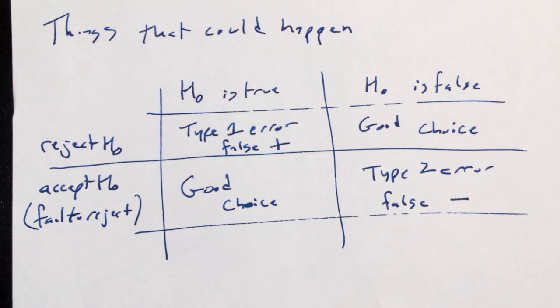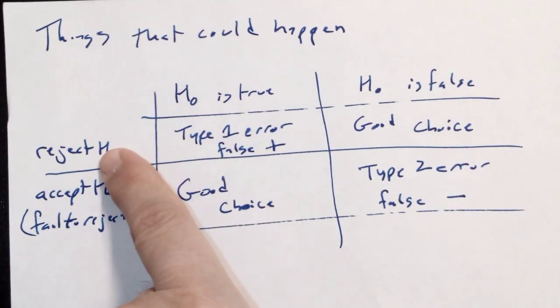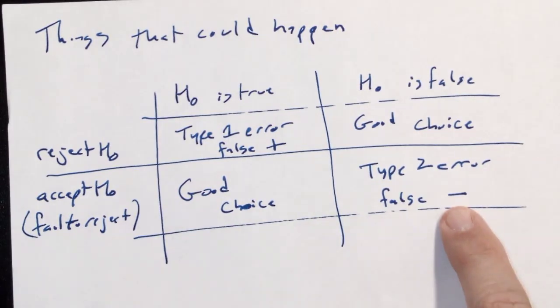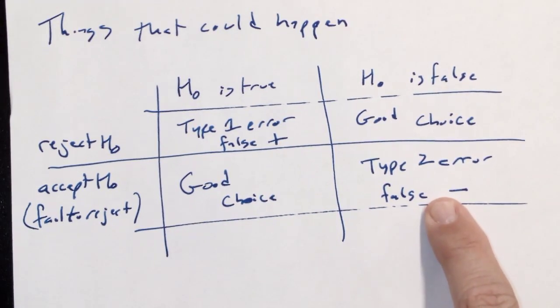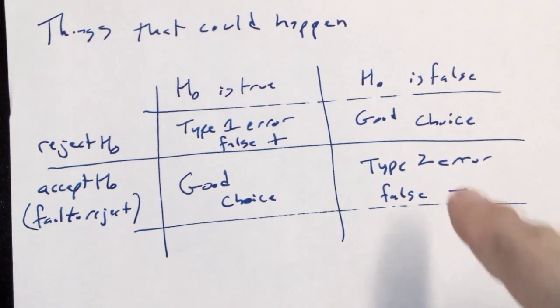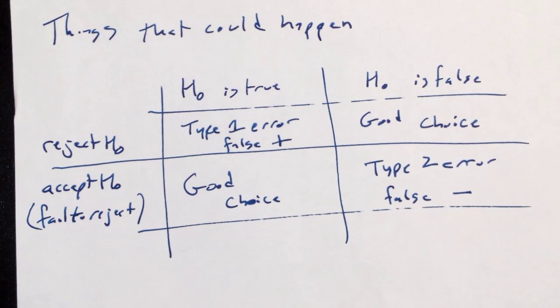I put an innocent person in jail. You are innocent, but I rejected that, put you in jail. What's this error? Somebody guilty goes free. The American judicial system says that it is much better to make this error than this error. The principle of a jury trial says it is better to let 10 guilty persons go free than to put one innocent in jail. That's what law school tells you.